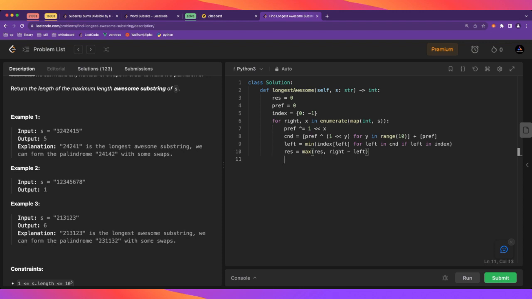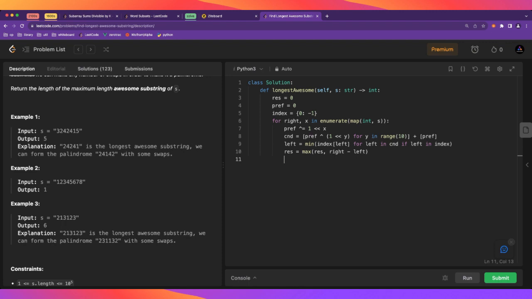Yeah, that's correct. And finally, we need to update the index dictionary, where, like we said, we want to keep the leftmost.